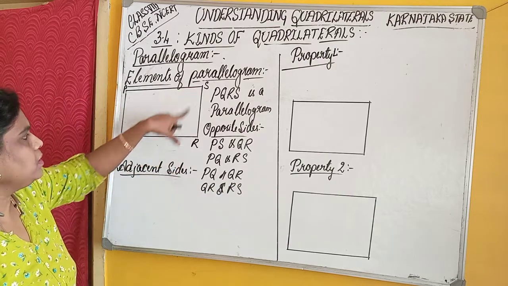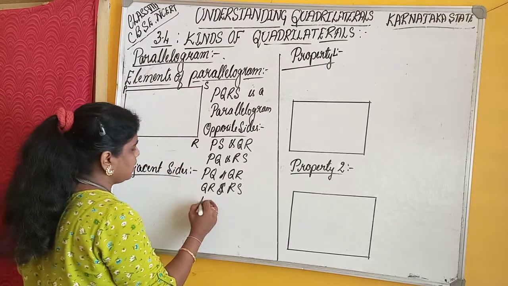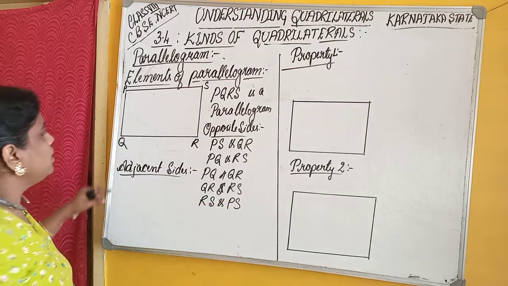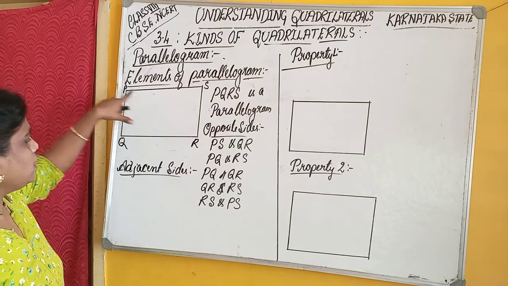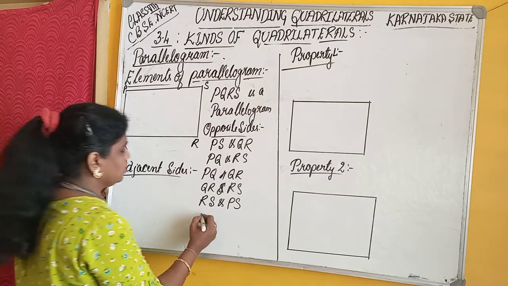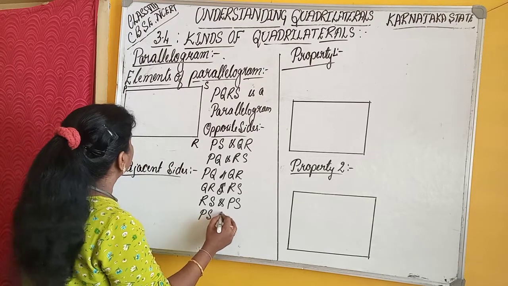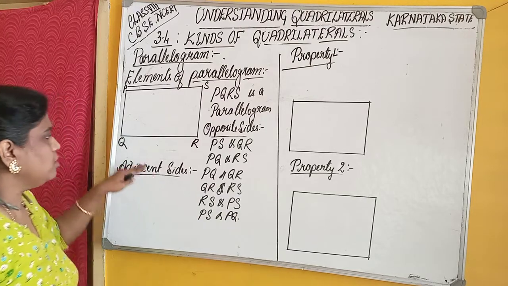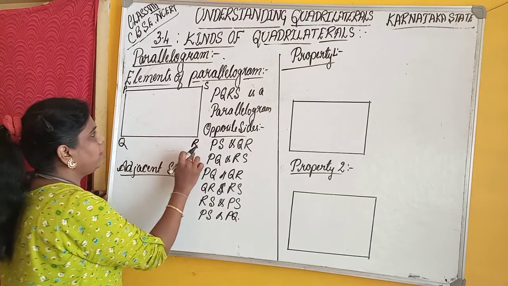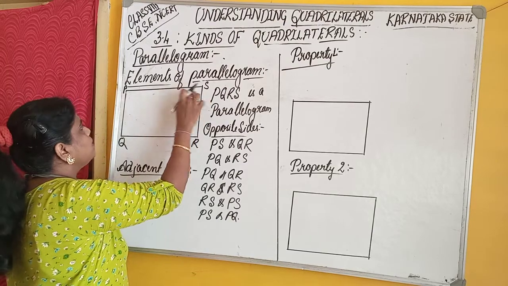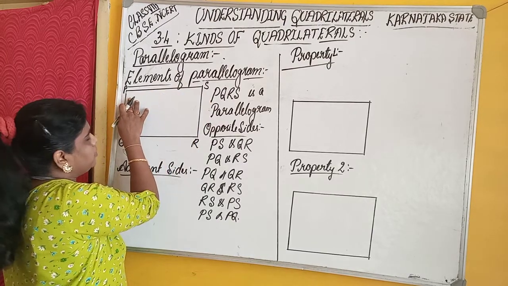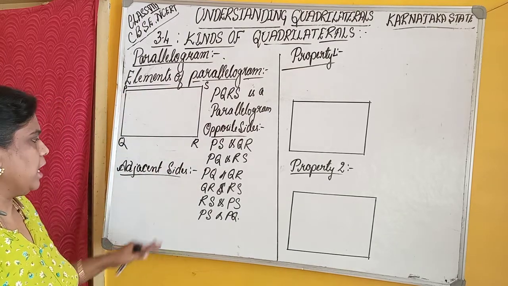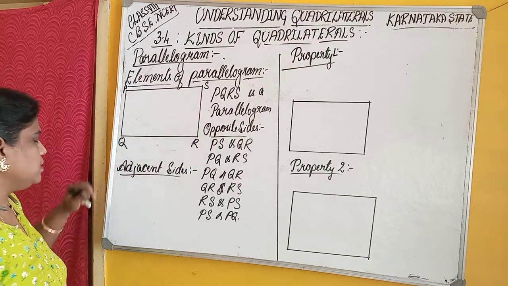And if you take RS and PS, they are adjacent sides, and also PS and PQ are adjacent sides. Understood? Here, if you move like this, QR and RS are adjacent sides, RS and SP are adjacent sides, and SP and PQ are adjacent sides. Then these are opposite sides and adjacent sides.